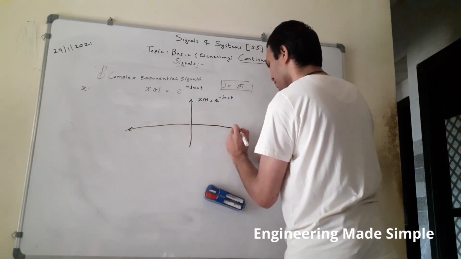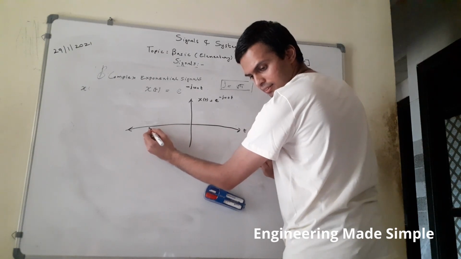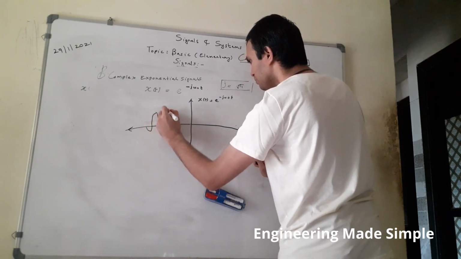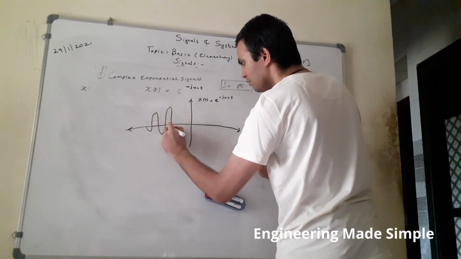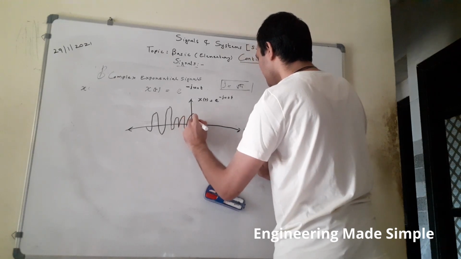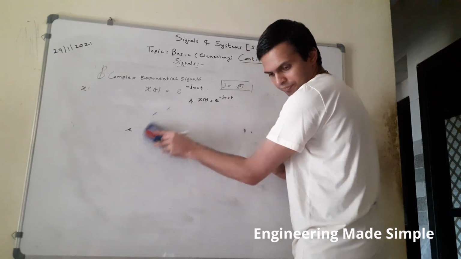This is your time axis. But here in this case, your amplitude is high, but it will go on gradually decreasing. Wait a minute, I will draw it again properly.